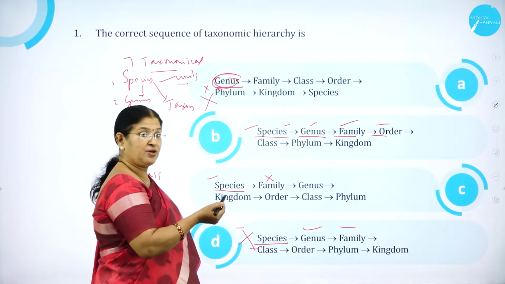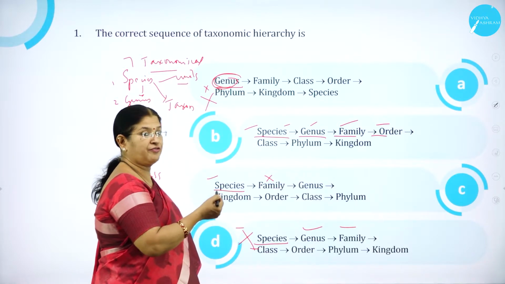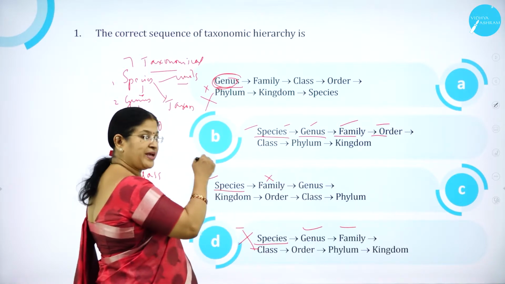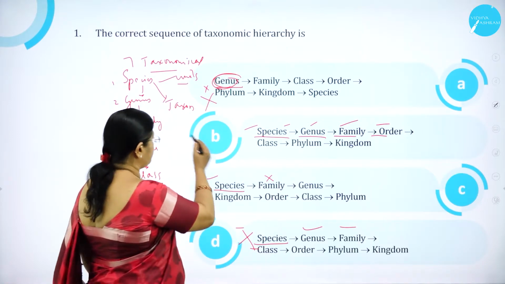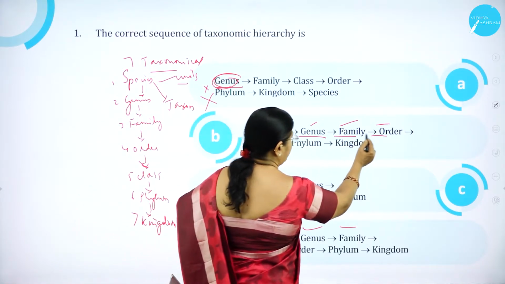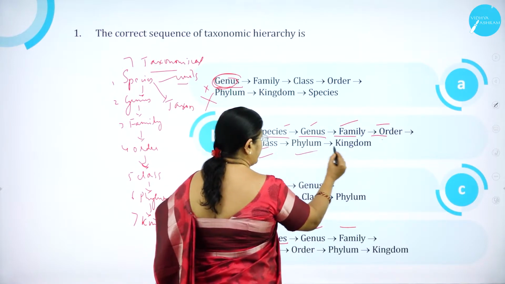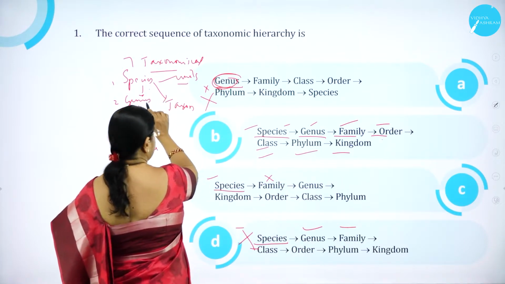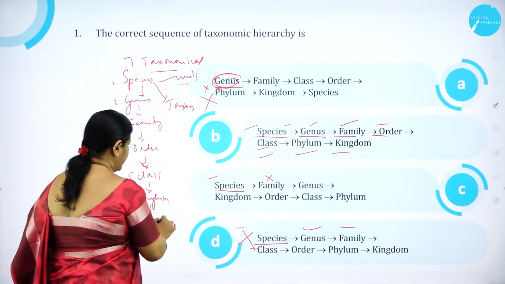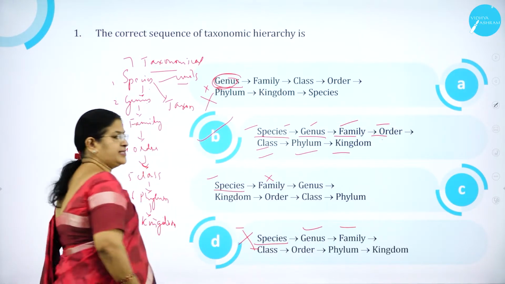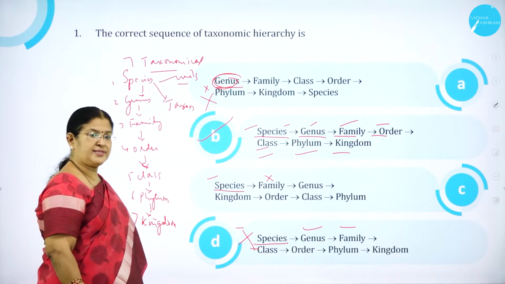Maybe even the third may be right, but go to the fourth; 4, 5, 6 might be wrong. Based on that, you can make a guess. So species, genus, family, order, class, phylum, kingdom. Option B is correct.